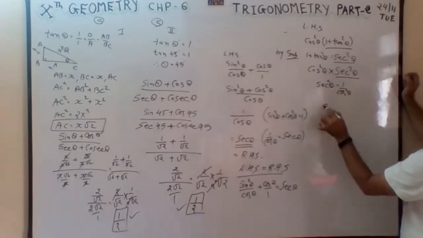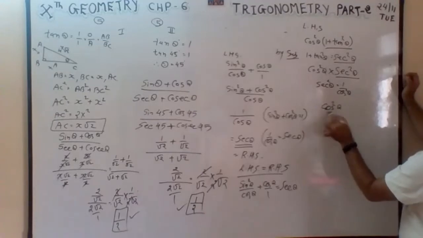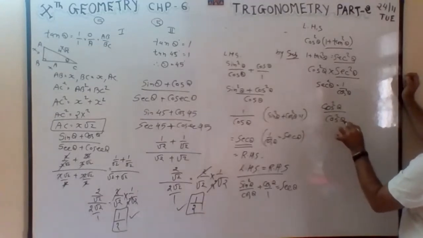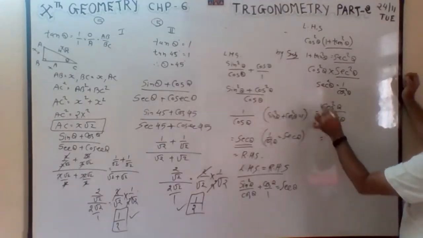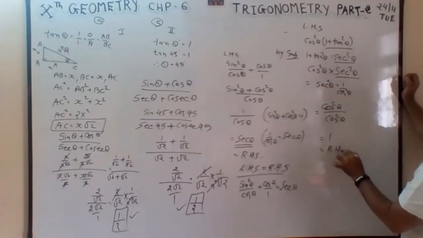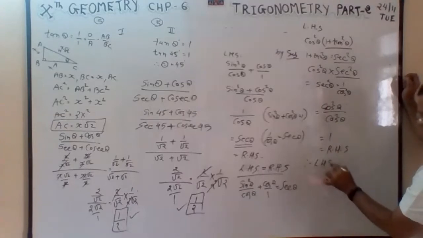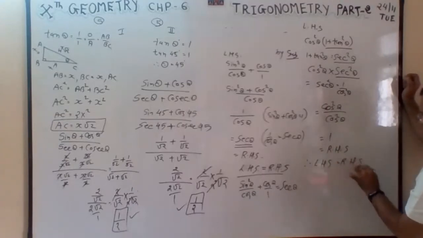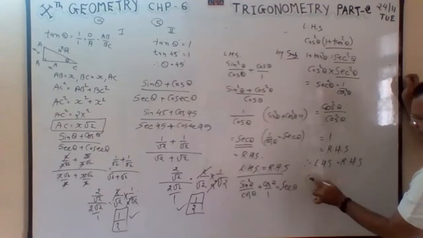So I will substitute this. This cancels. Therefore, LHS is equal to RHS.